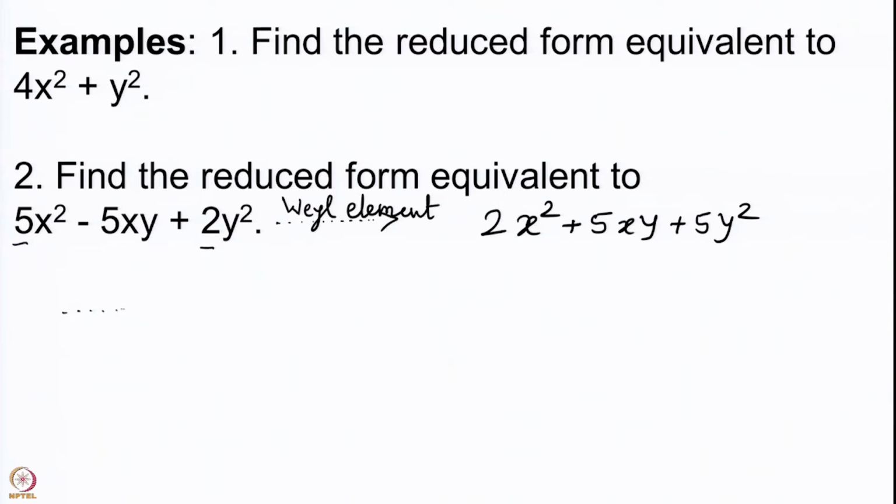Now, I apply the transvection, which sends x comma y to x minus y comma y, because 5 is big, the coefficient of xy is big, and I want to bring it to the interval minus 2 to 2. So, the new coefficient of xy is allowed to have values -1, 0, 1 and 2.